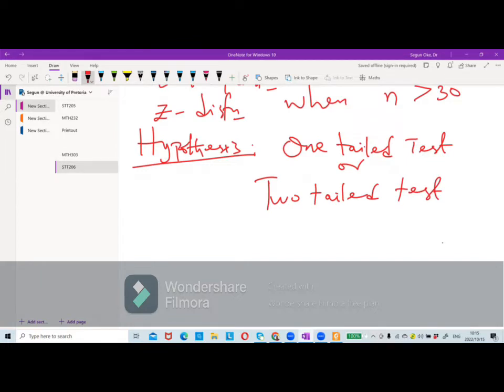At what point do we have a one-tail test? Anytime you have H naught, which is the null hypothesis, let's say mu is greater than or equal to 0, and the alternative, which is our claim, is mu less than 0.